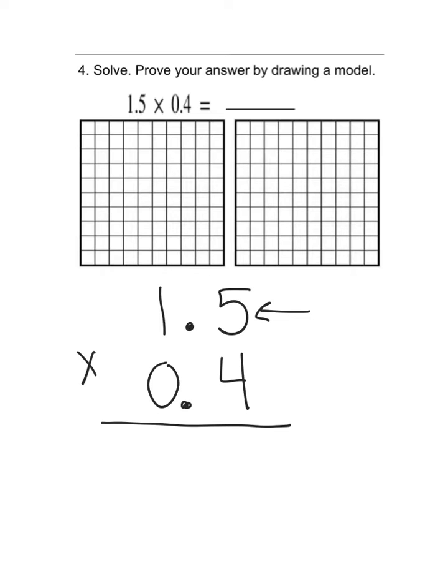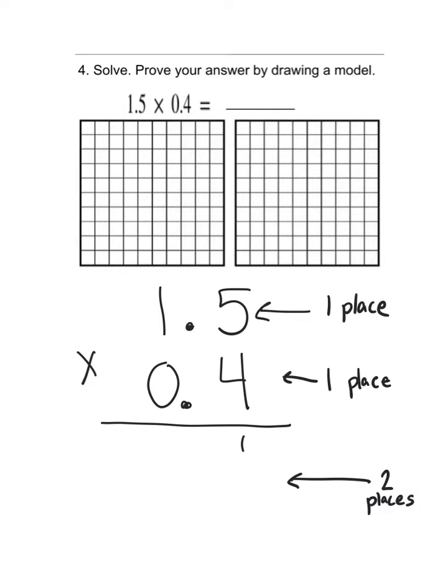I have 1 place value position to the right of my decimal point for my first factor. And then for my second factor, I have 1 place value position to the right of my decimal point also. So that means that my product needs to have 2 place value positions to the right of the decimal point when I'm done multiplying. Okay, so this should be pretty easy multiplication here.